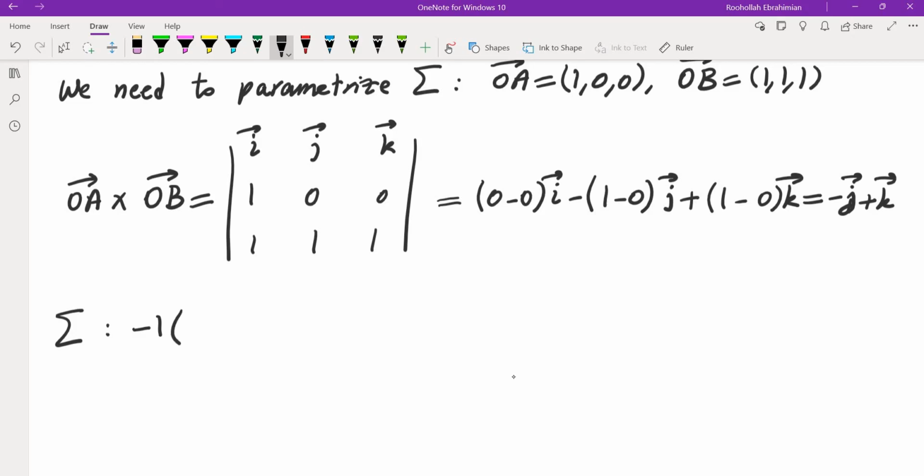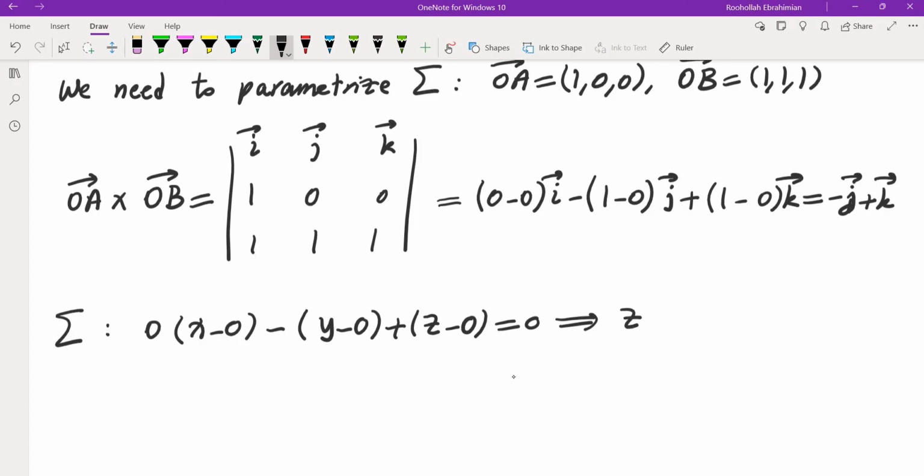Since (0, 0, 0) is on that plane, let me actually start from the first component. The first component is i, which is 0, times (x minus 0), minus (y minus 0), plus (z minus 0) equals 0. So the graph of this plane is given as z equals y.